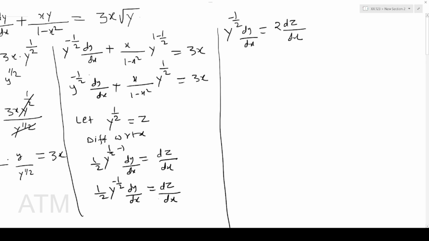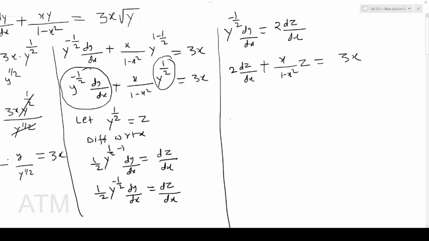So now here in this part I can write 2 into dz by dx plus, and y raised to 1 by 2 is nothing but z, x upon 1 minus x square as it is, z equals 3x. Now dz by dx has a multiplier, so we have to make it free from any multiplier. So, dividing both sides by 2.